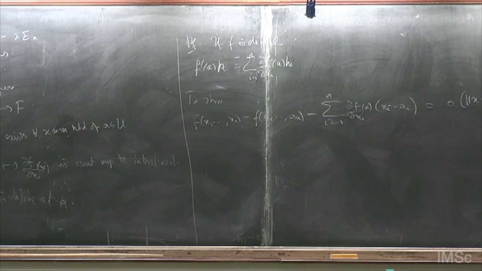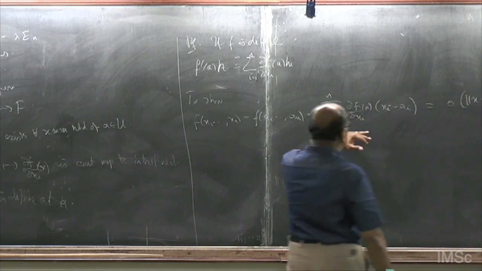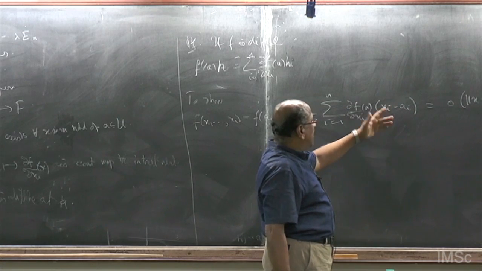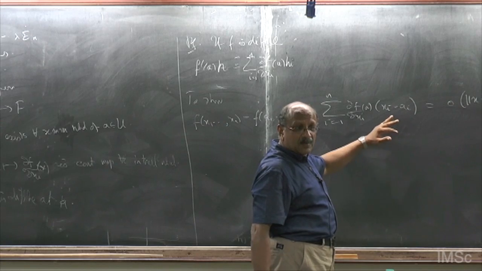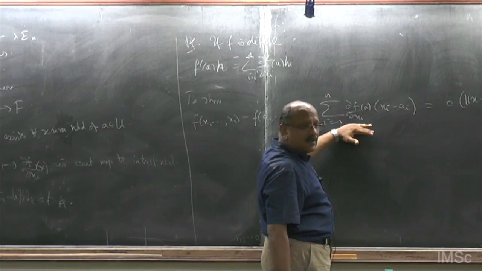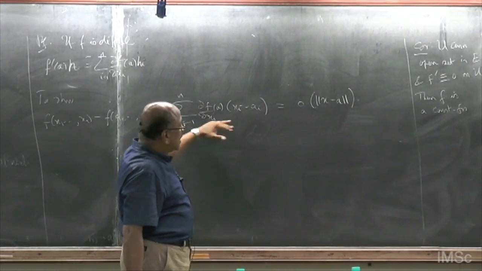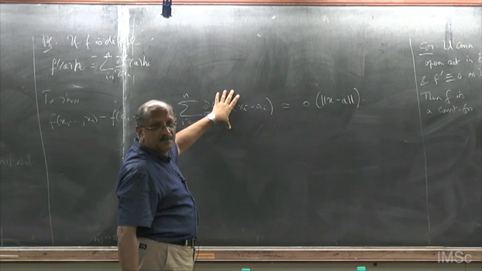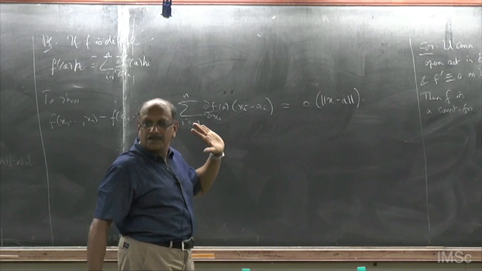Suppose I show this, then I am through, because by the definition of derivative, this is linear in x minus a, and therefore think of x minus a as h. Then this is the linear term here, and I have little o on this side, and therefore this has to be the derivative. So this is all I have to show.